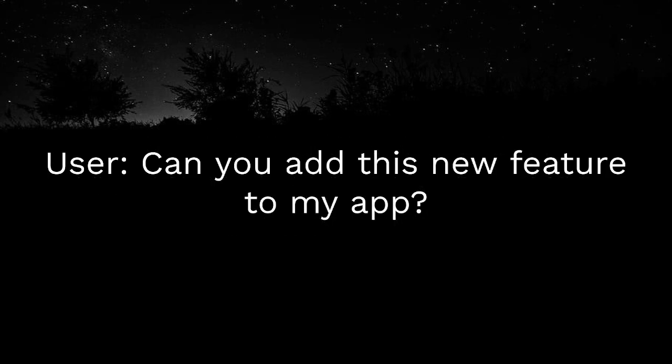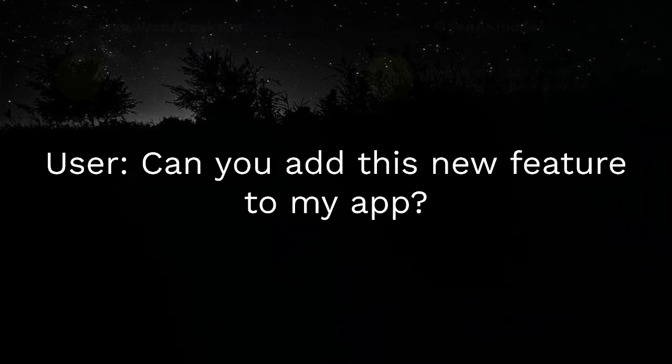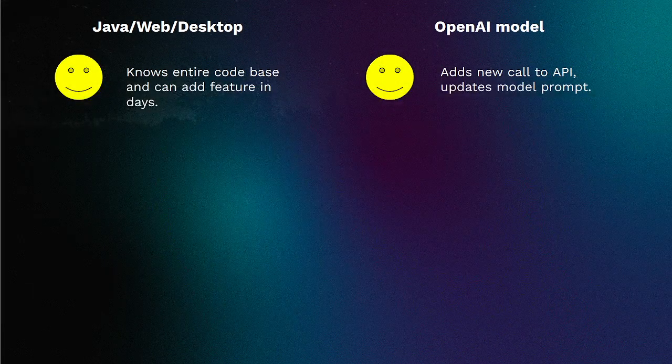So if your user asks for a new feature, the critical thing here is the user, the person paying for this change, wants to get feedback as soon as possible, so they can see if the change is right, or if they need to add any more information to it. So if they could ask one developer directly on both stacks, it would take maybe a few days to do that.